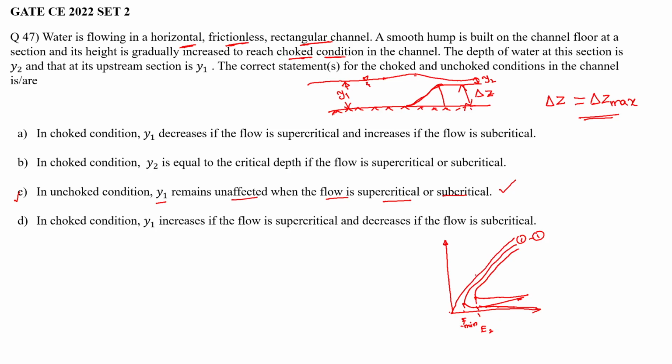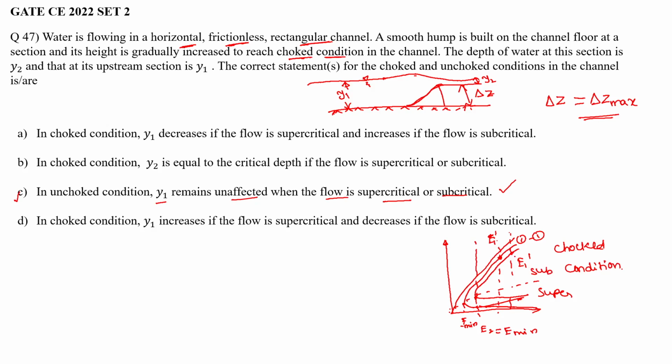Now the curve will shift in such a way that E2 will be equal to E minimum, and this is E1, and this will go to E1 dash. Maybe this is slightly confusing for you. Don't worry, it's simple and straightforward. This is initial, this is secondary, for a choked condition. So these are the two regions, super and sub.